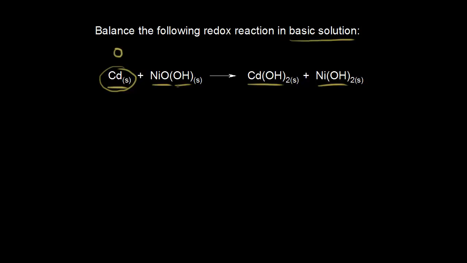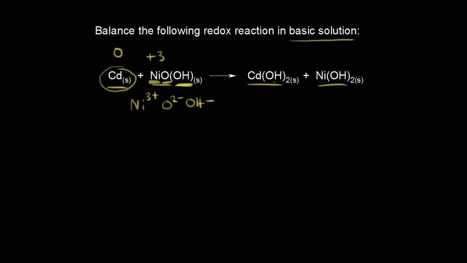Next, for nickel oxide hydroxide, we know hydroxide is OH minus, and oxygen is O2 minus. So therefore, nickel must be nickel 3 plus to balance that out. So this must be nickel 3 plus ion, which has an oxidation state of +3.